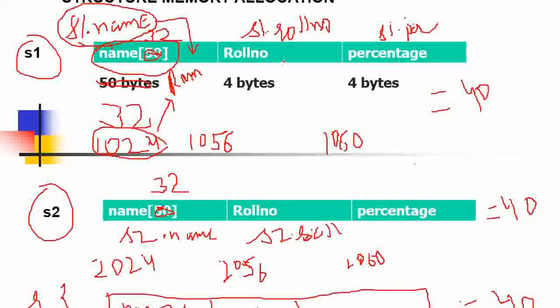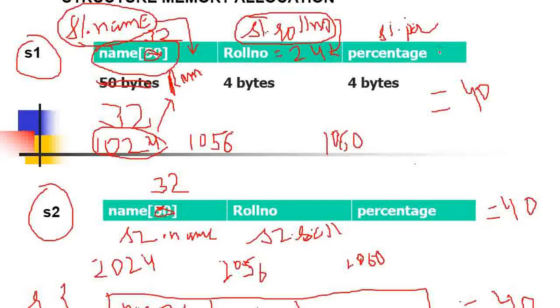Let's say you have stored roll number 24 here. Whenever you want to access this 24, you need to write s1.roll number. Whenever you write s1.roll number, it will access 24.